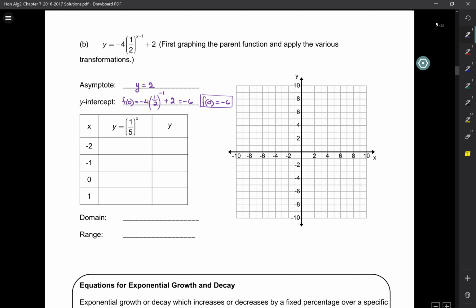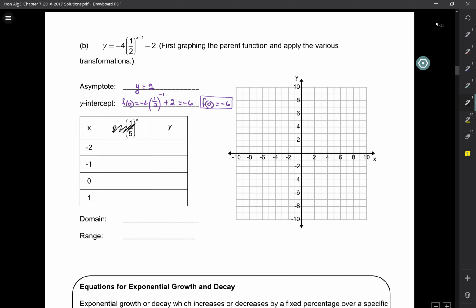Okay. I copied and pasted and I shouldn't have, because we plugged in x is 0. So this is wrong. It should say -4 times 1/2 to the x minus 1, plus 2.